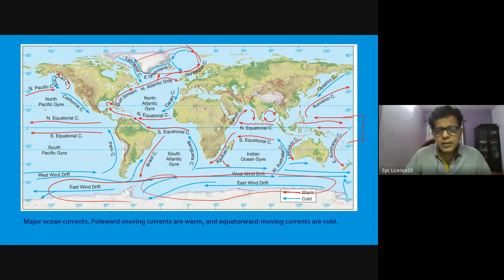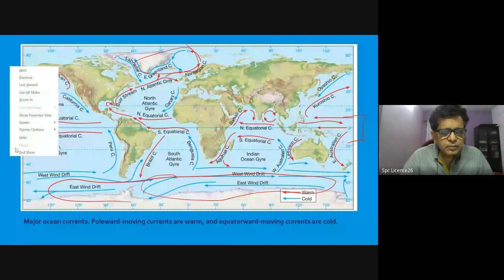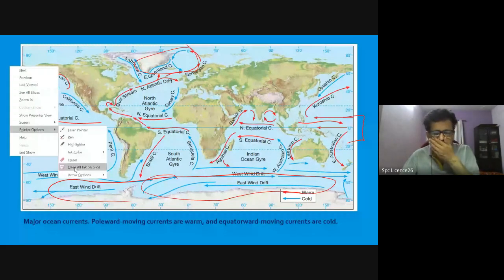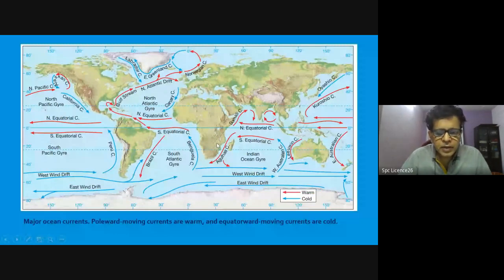And just like we had these pressure belts and warm air currents moving from the equatorial regions to the poles, similarly, you will see that waters make an attempt to move from the pole to the equator and equator to the poles. And in this process, they develop what are called warm ocean currents and cold ocean currents.